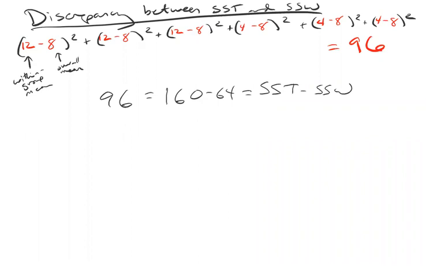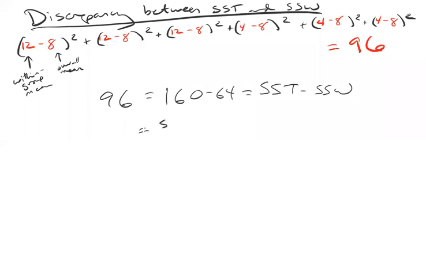This quantity that happens to be equal to SST minus SSW also has a meaning in itself, which is that it reflects the variability of the sample means, totally ignoring the fact that the data points vary around those sample means. So this quantity has a lot of names. You're lucky.